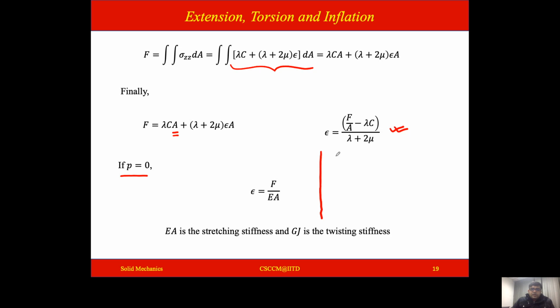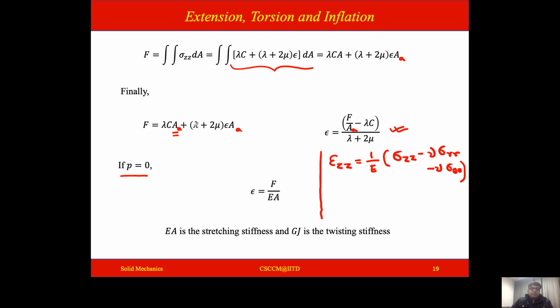So you see, I can write that epsilon zz is equal to 1 by E times sigma zz minus nu sigma rr minus nu sigma theta theta. Now if P is equal to 0, A and B, and not this area A. I was writing it as AA to avoid any confusion, so let me write it as AA.